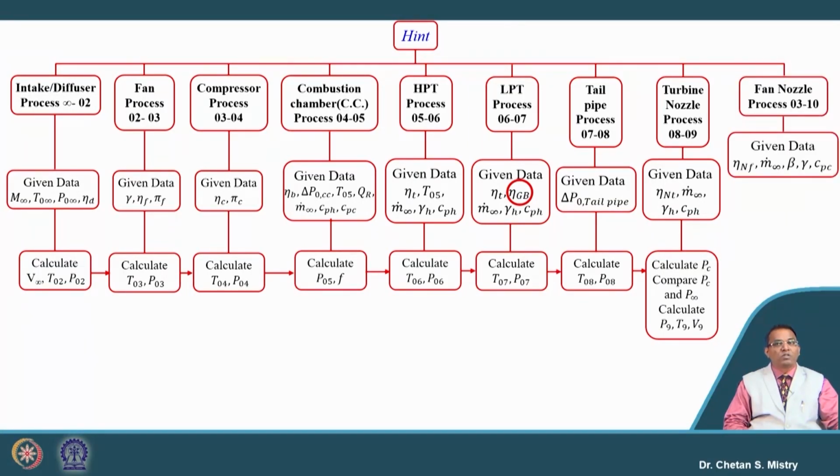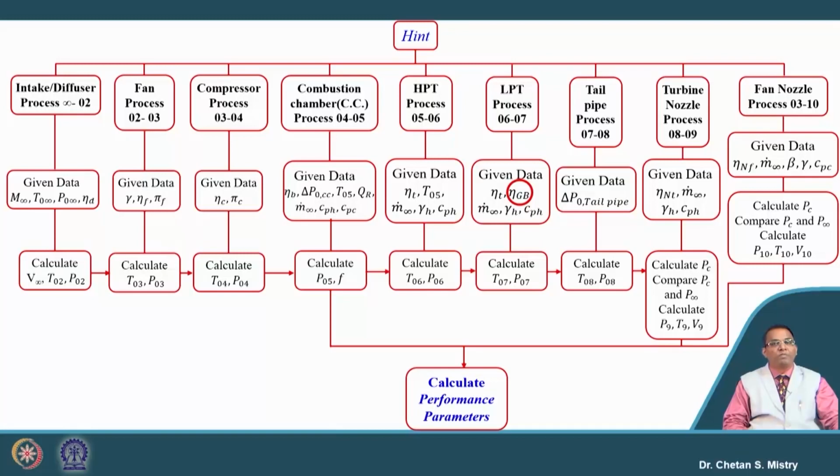For that fan nozzle we also have our efficiency. The bypass ratio is known to us, and based on the critical pressure ratio calculation, we will calculate the exit pressure, exit temperature and exit velocity. Once we have all this information, we can calculate the performance parameters.